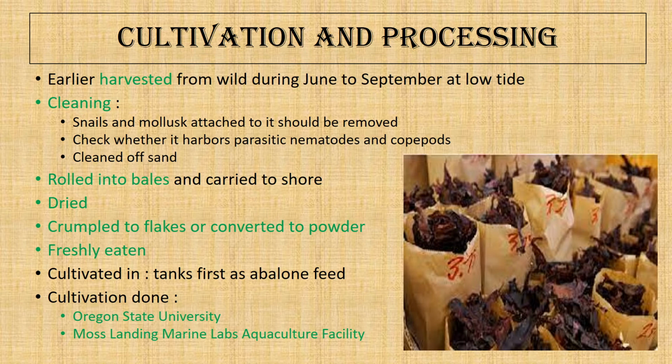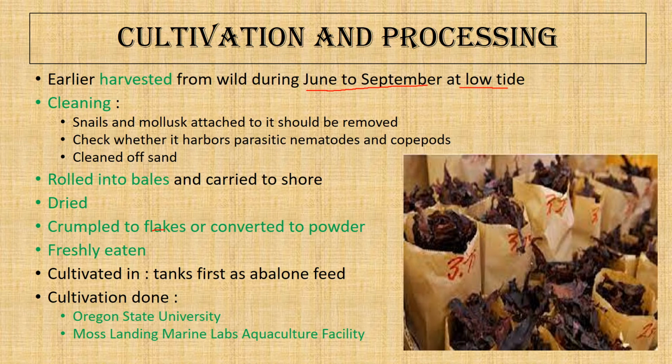Earlier, it was harvested from the wild, especially during the month of June to September during low tide, and it was mainly cultivated in the northern hemisphere, especially the North Atlantic, the Atlantic coast, especially the west coast of the British Isles, Portugal, then the Arctic Canada, Arctic Russia, Alaska.